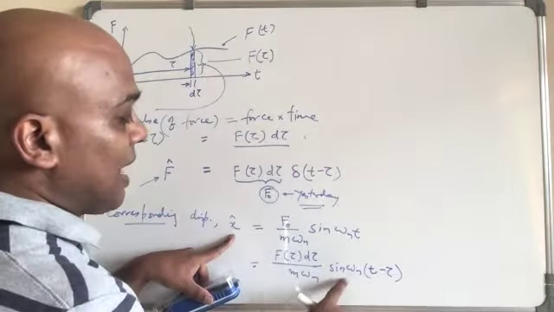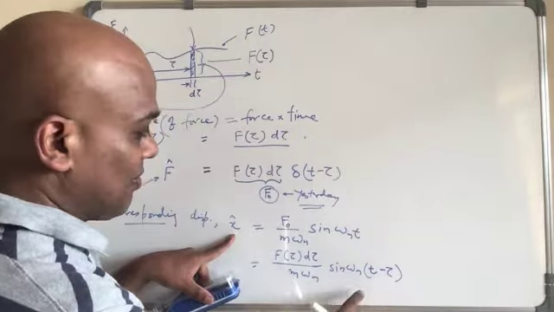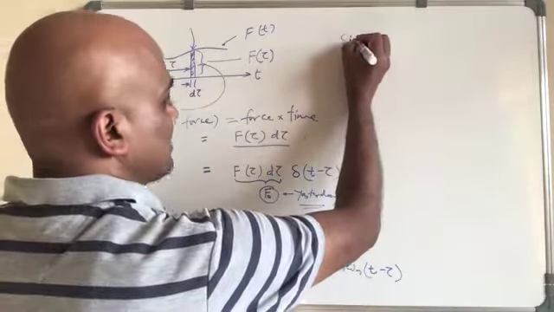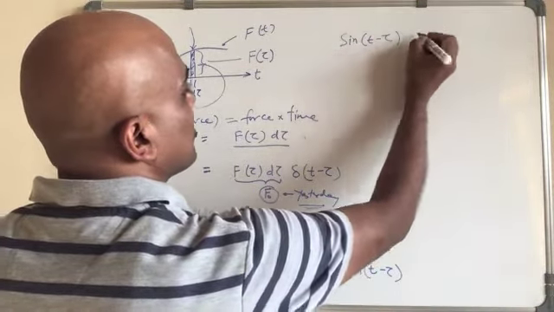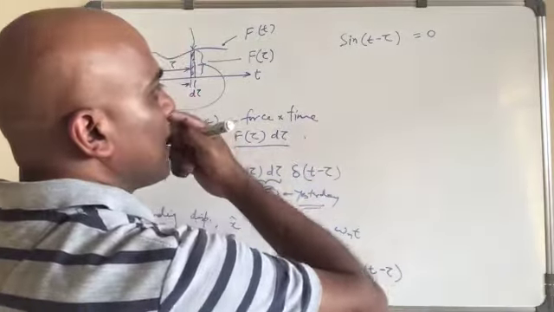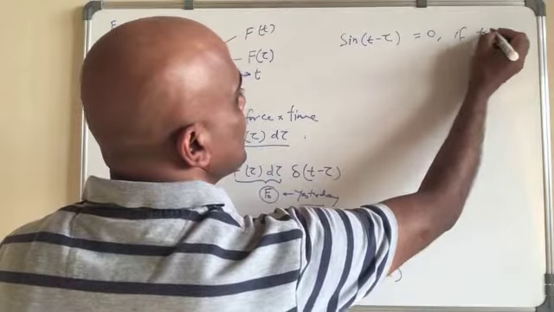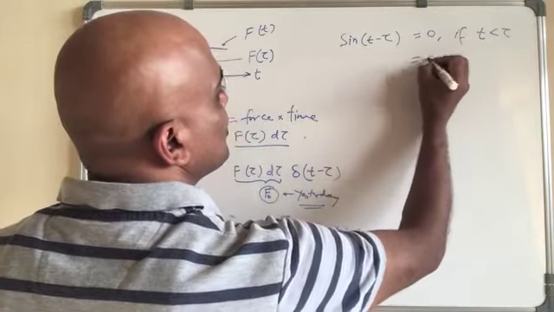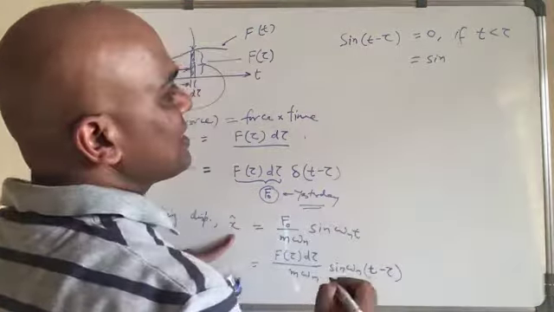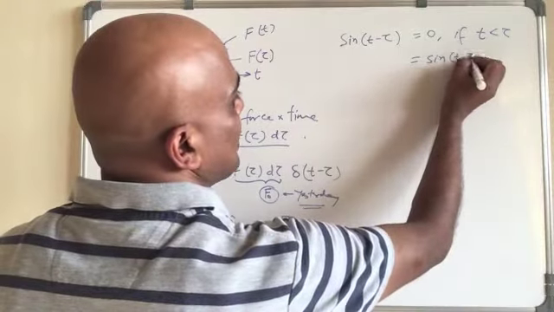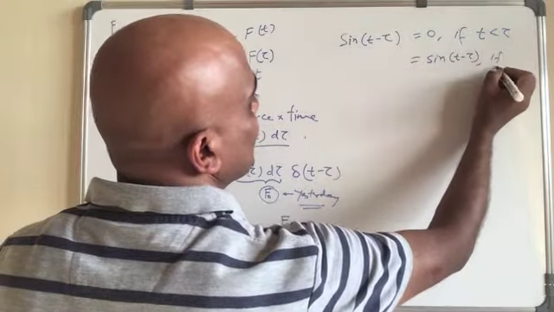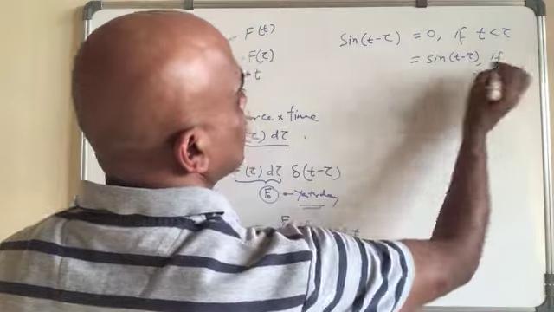Hence sine omega n (t minus tau), meaning sine of (t minus tau) equals 0 if t is less than tau, and equals sine of (t minus tau) if t is greater than or equal to tau.